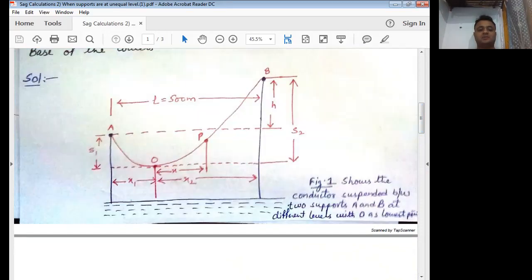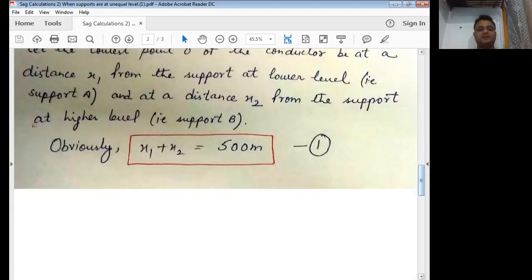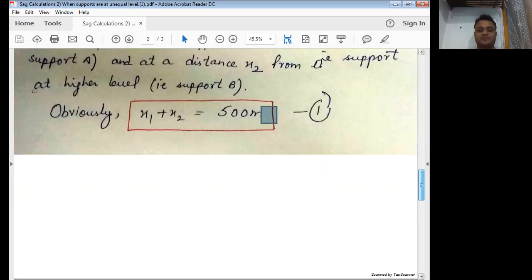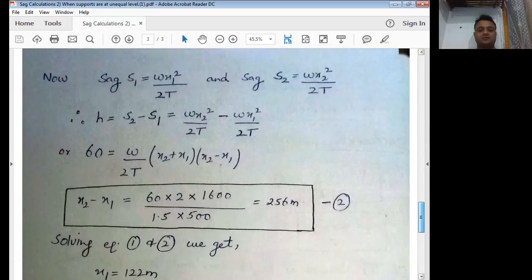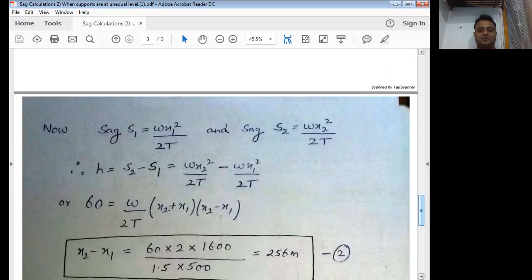So both the distances, x1 plus x2, equal 500 meters. Obviously, as seen in the figure, the addition of both the distances is 500 meters. Now just write the formula.